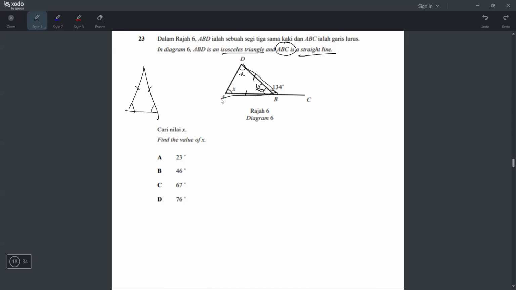This is a triangle, so in a triangle, what is the total of the three angles? It will be 180. So you take 180 minus 46, which is 134, and then divide by 2, because these two angles are the same size. So you get 134 divided by 2, and if you press this, you will get 67. So C is the answer. Okay, this is how you do it.